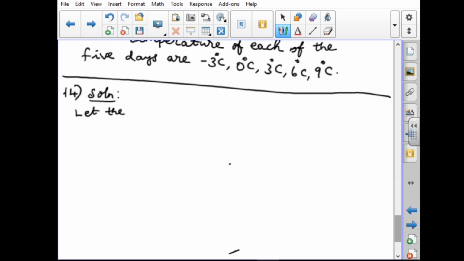Let the first month salary be rupees 15,000.